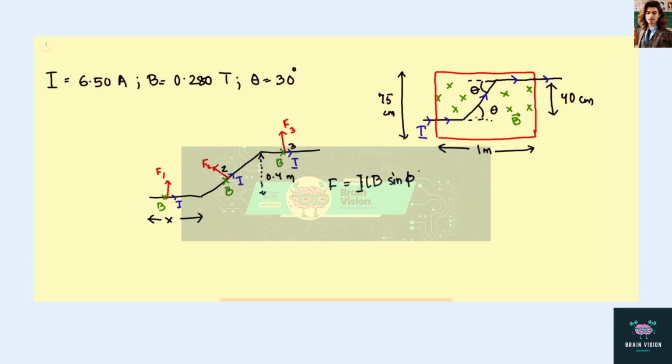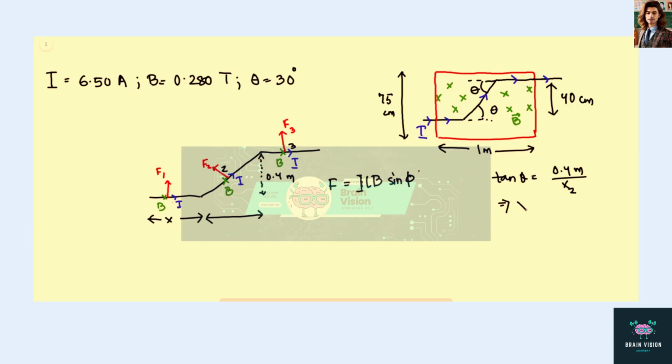And we know the angle theta, which is 30 degrees. So from here we can say that, basically, tan theta is 0.4 meter over the length of this segment. Let's call this x2.